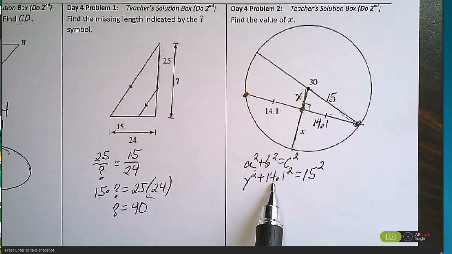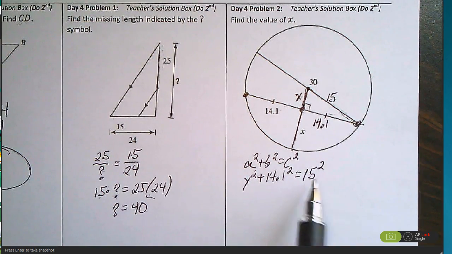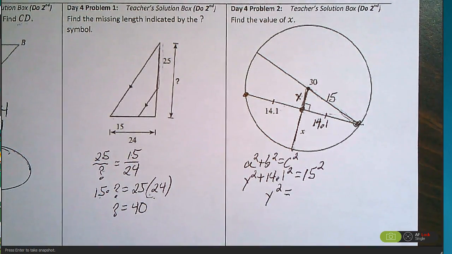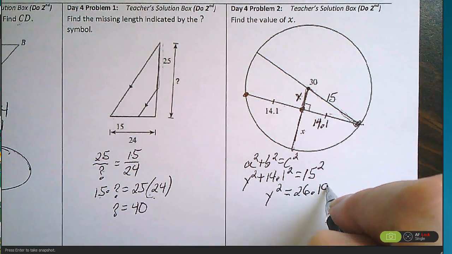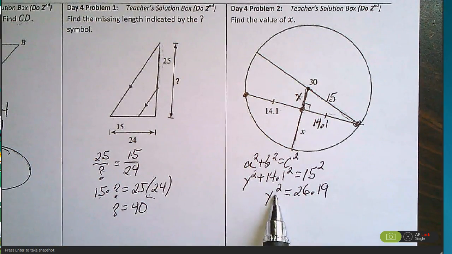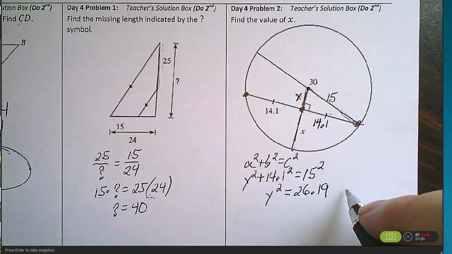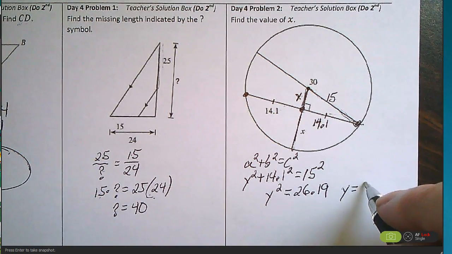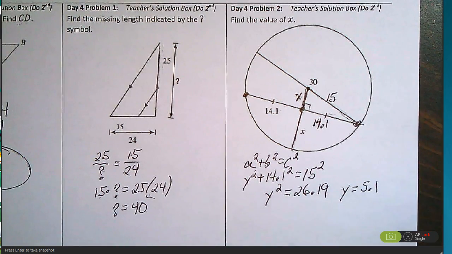Let's subtract 14.1 squared from the 15 squared. We will get y squared equals 26.19. And then we can solve for y by doing a square root. So y is equal to the square root of 26.19. And that is approximately 5.1.